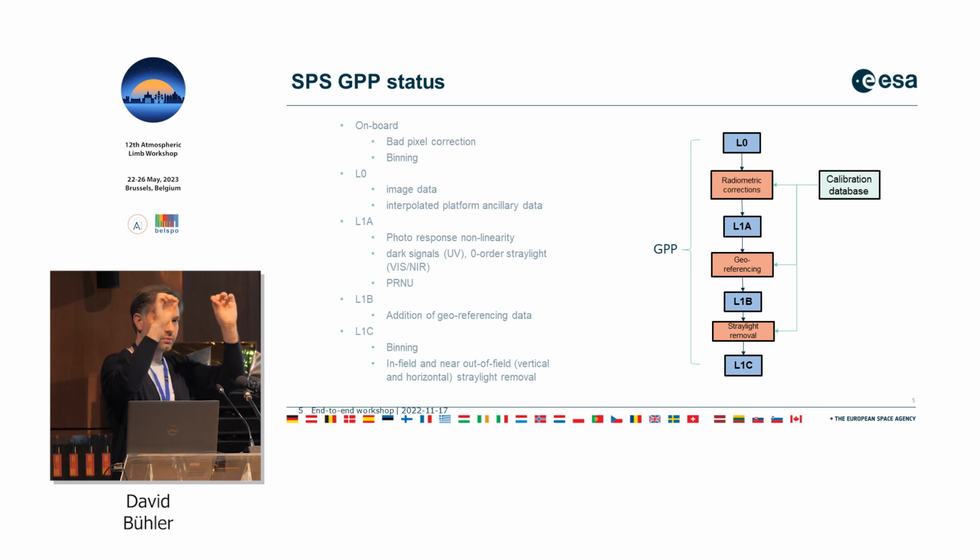L1B is then trying to assign altitudes to all the pixels using the geometric calibration. And then finally, the most interesting part, maybe the most novel, let's say, is at L1C, where we will try to correct for stray light, which is a particular issue, of course, in the bright limb, not so much for the occultation observations.